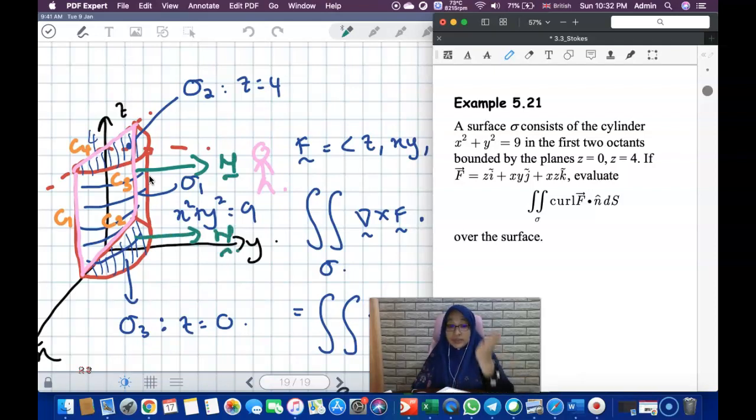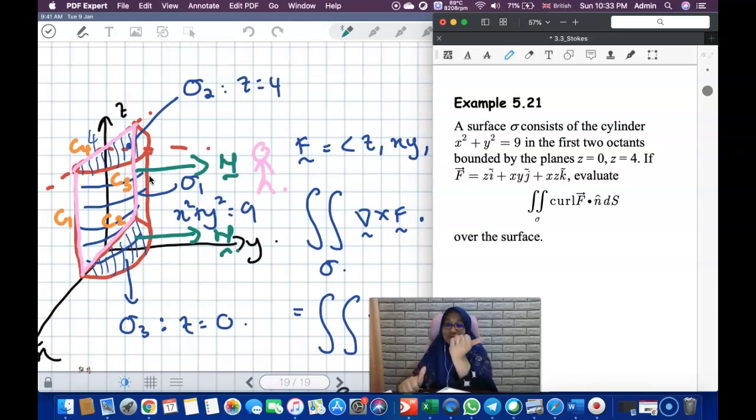Okay, so now using your right hand thumb rule, use your right fingers to determine the direction, and the thumb of your right hand follows the direction of the normal vector. Please follow your own sketching, because I'm using mirroring, so everything is in the opposite direction.